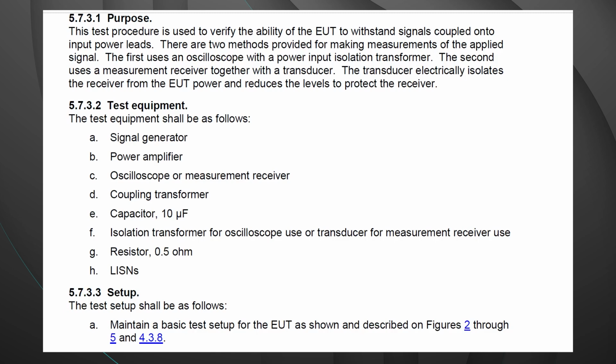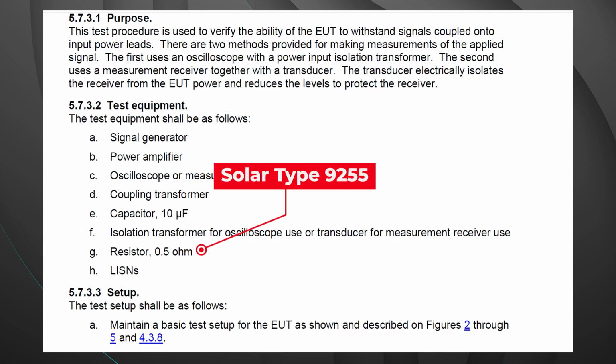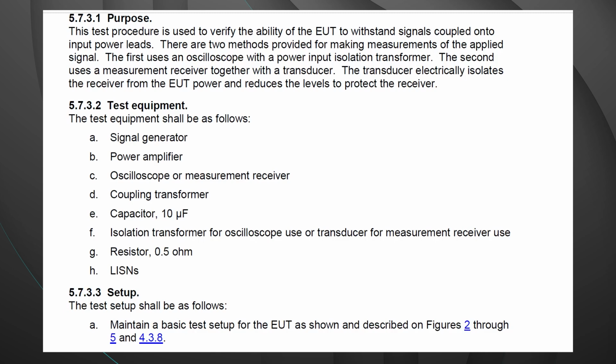For the Solar equipment, starting at E, we'll be using the 6512-106R 10 microfarad capacitors, the type 9255 precision resistors for verification, and then finally for H, the Solar 8610-50s for the LISNs.